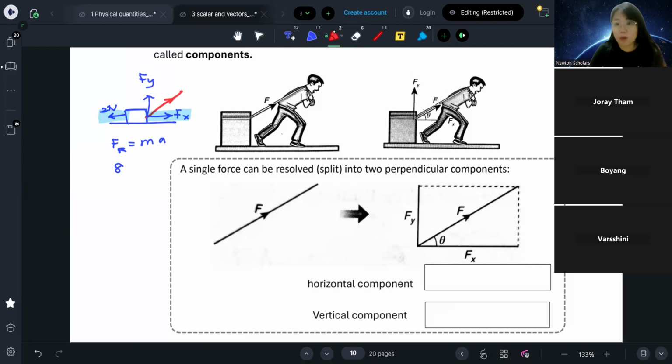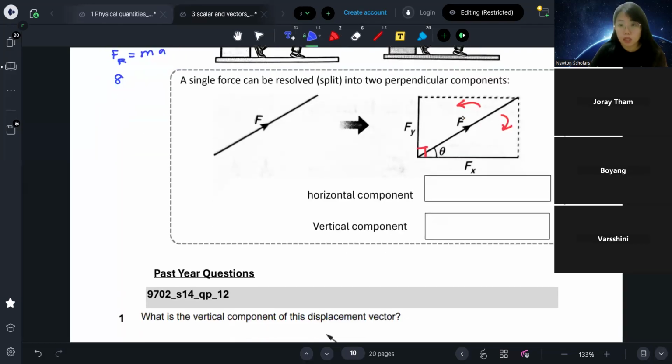Now we learn how we split it up. This is the force applied by the man. Then we can split it up into the x-axis and y-axis, 90 degrees apart. For the Fx here, we use Fx equals F cos theta. Why?